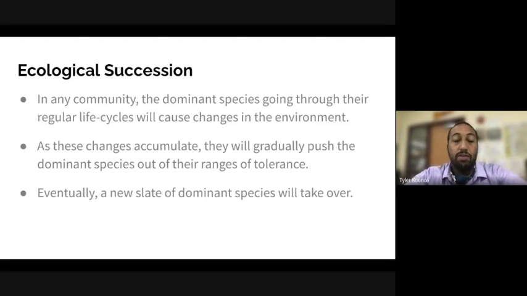Remember, that range of tolerance could be things like what temperatures they like. If we're talking about something like fish and water, the pH, the amount of dissolved oxygen, things like that. Because of those changes to their environment over time, they're going to push out and change their range of tolerance. And eventually, when that happens, there will be a new dominant species that will take over.